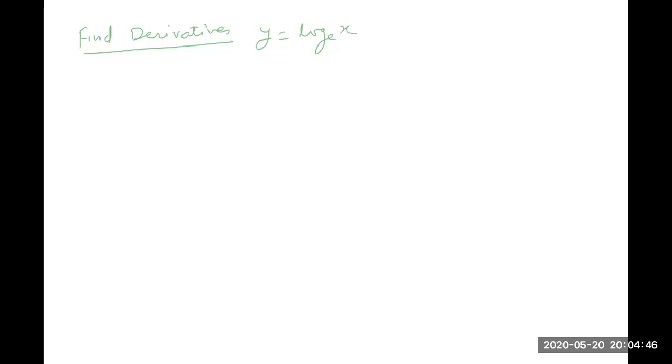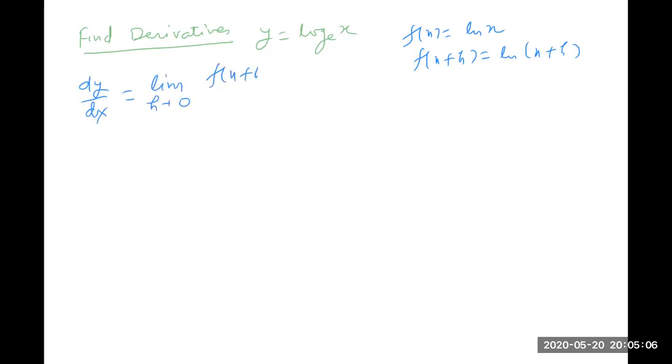What is the derivative of log x? So here f(x) is equal to log x, f(x plus h) is equal to log of (x plus h). So dy by dx is equal to limit. See, all steps will be the same: f(x plus h) minus f(x) upon h. Just you have to put the values.